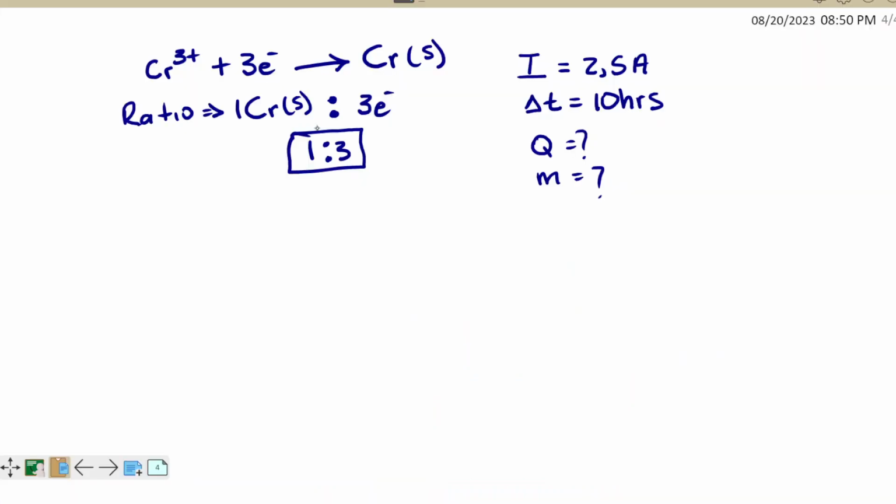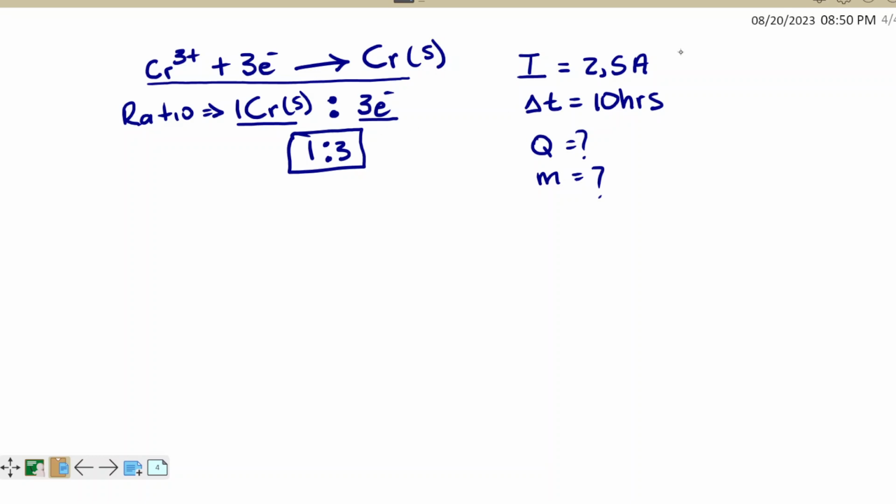Okay, this is the information that we have. This is our reduction half reaction. So what is the ratio from this reaction? 1 chromium yields 3 electrons, so the ratio is 1:3. This is the first thing that you need to discover.